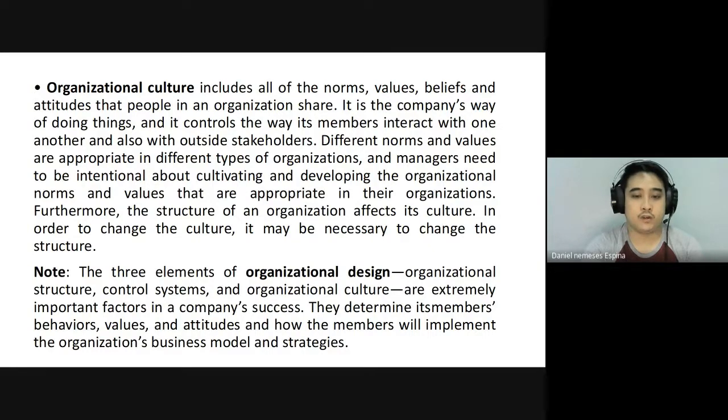So in the implementation, we have to consider the organizational design of the company. The purpose, of course, is to make sure we have a smooth implementation or smooth transition towards the new strategy.